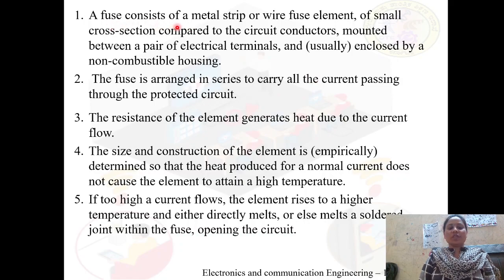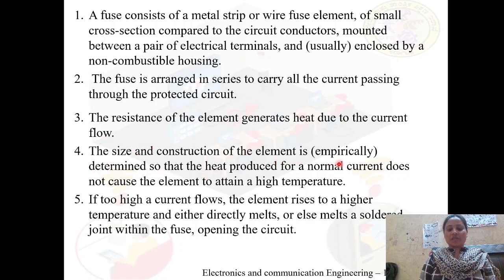Okay, so a fuse generally contains a metal strip or a wire fuse element of small cross section compared to the circuit conductors, which is mounted between a pair of electrical terminals enclosed by a non-combustible housing. Generally, as I said, the fuse is connected in series in the protected circuit. The resistance of the element generates heat due to the current that flows.